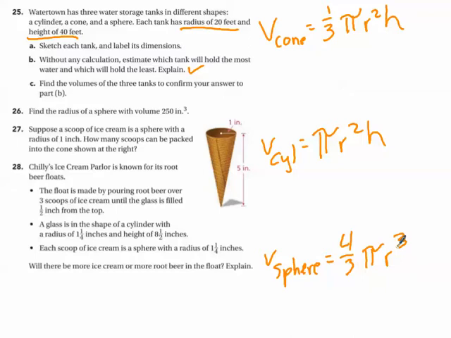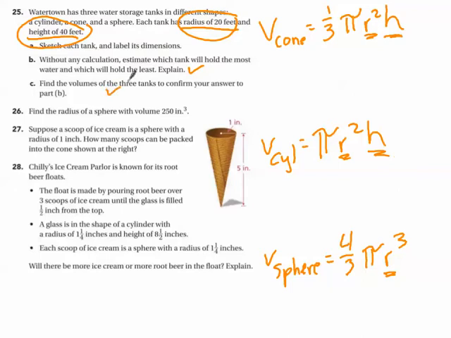I'm going to now substitute the radius in here, here, and here, and I'm going to substitute this height in here and here, and solve for C.